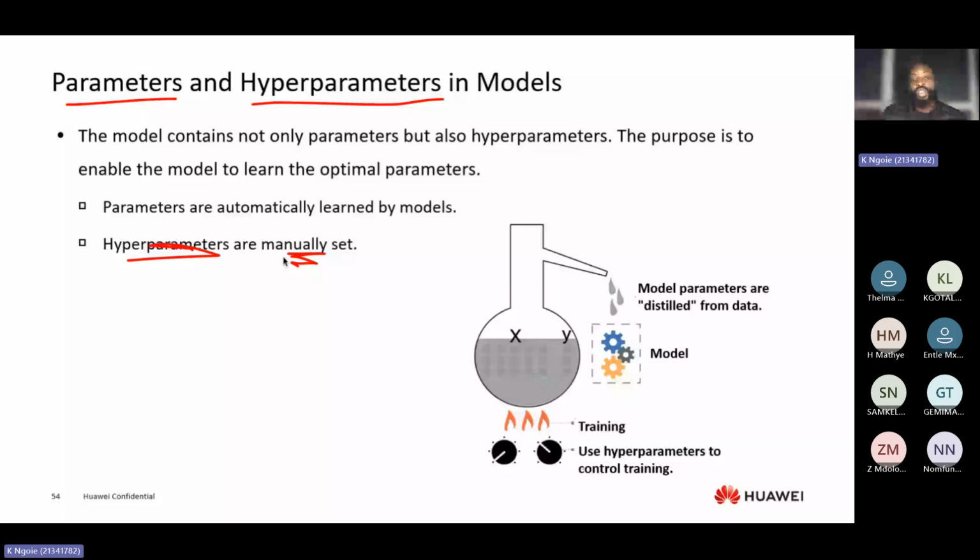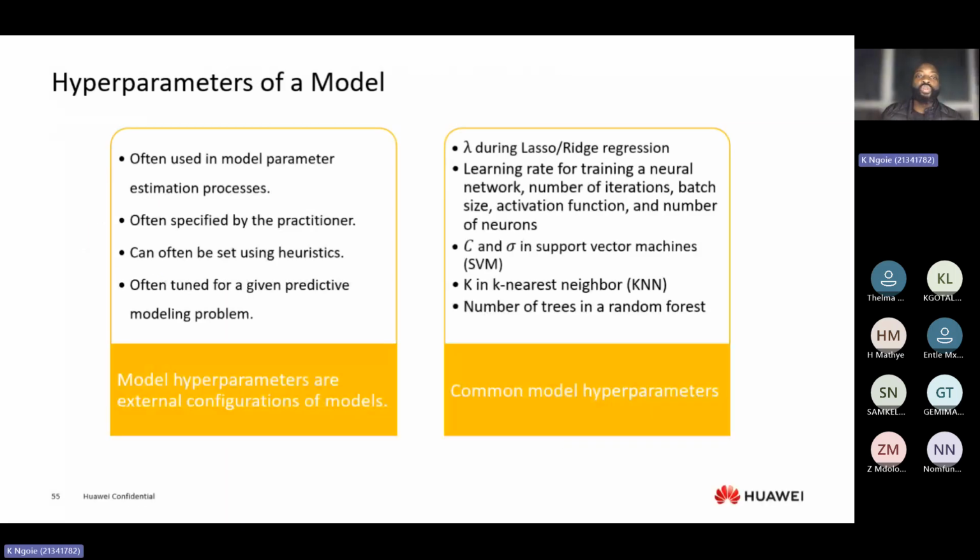But parameters are automatically learned by the model. The model itself will be changing the parameters. Because hyperparameters are set manually, you are basically changing the settings, increasing or decreasing them.